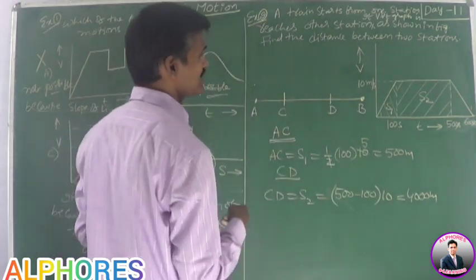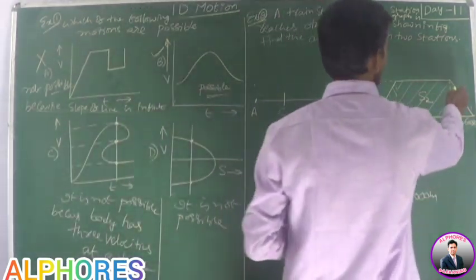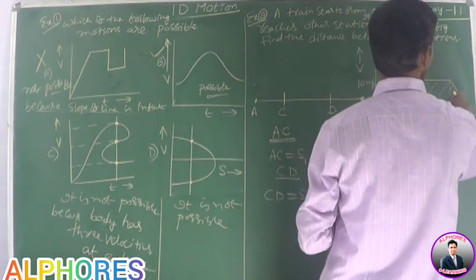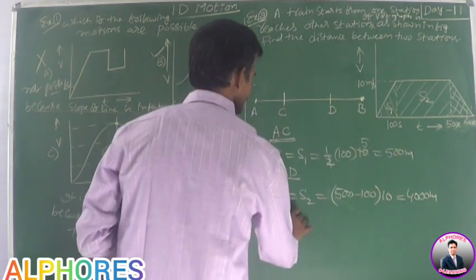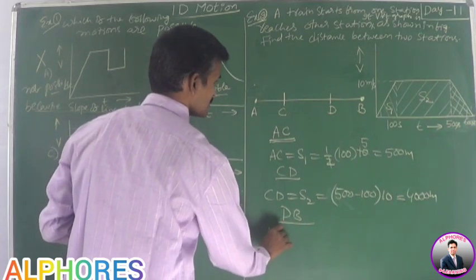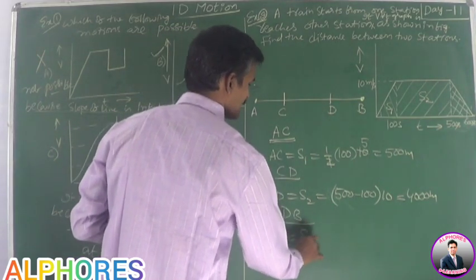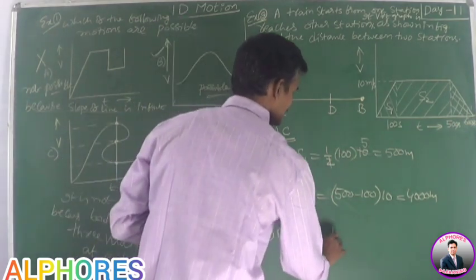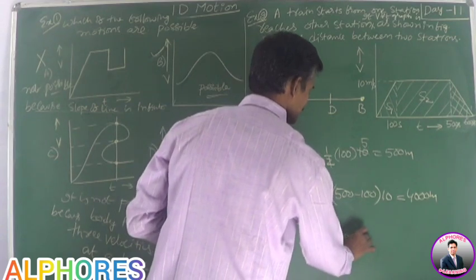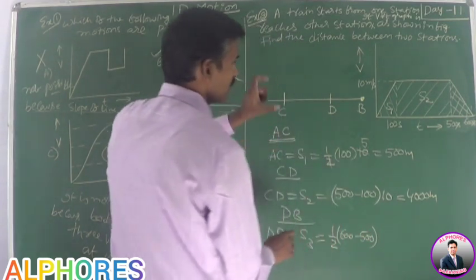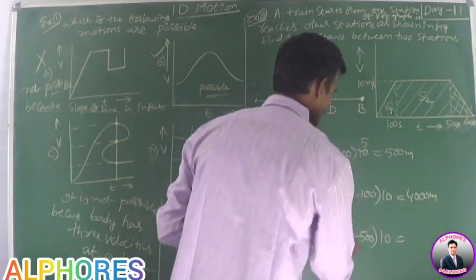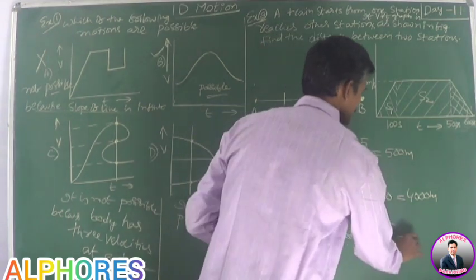Similarly, how to calculate the distance traveled from D to B? I'm calling this S3. S3 is the area under the graph, half base, 600 minus 500, into height, that is 10. That is again 2 ones, 2 5s, which is 500.